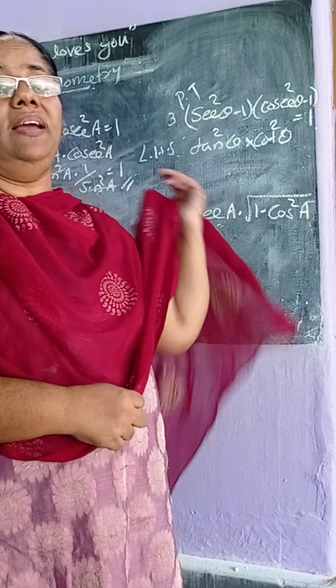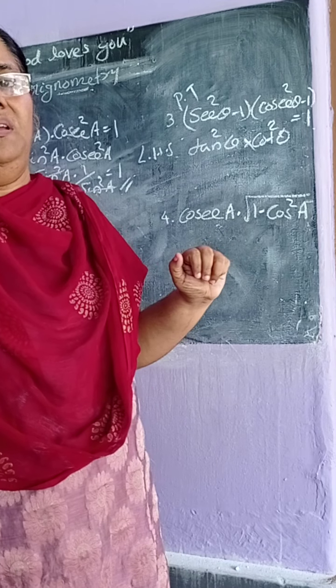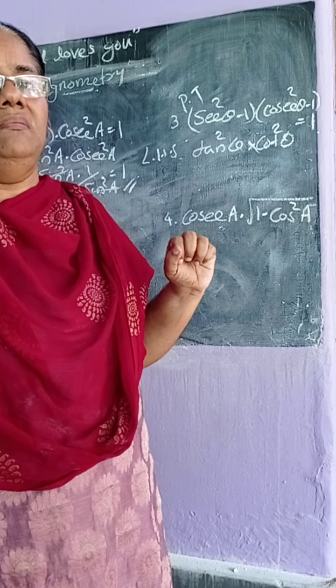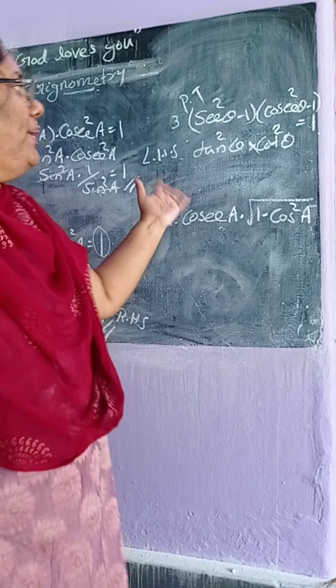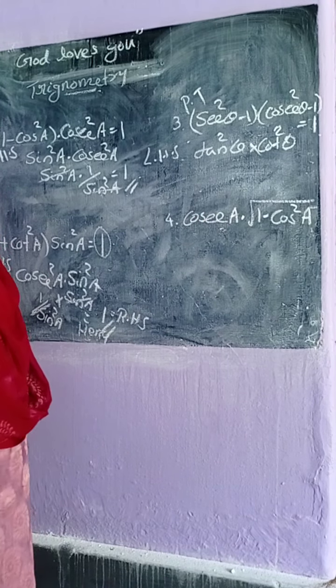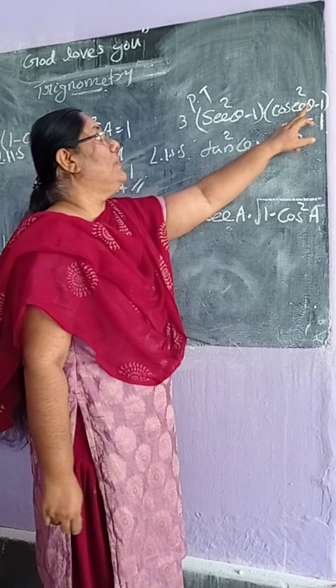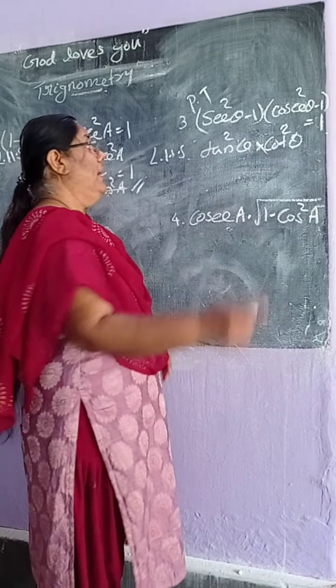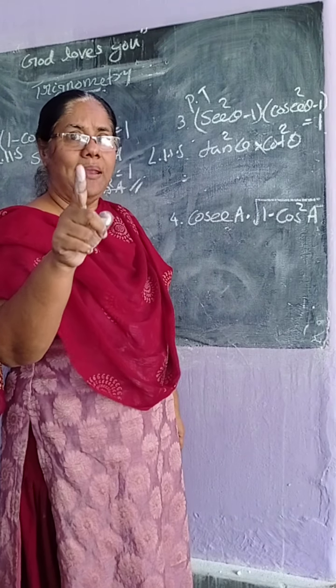Understand? Study all those identities, otherwise it is difficult to prove these questions. Study the first part. Understand? Study the identities. Then only you can apply the formula. Otherwise it is very difficult. Right? Sec square theta minus 1 is tan square theta and cosec square theta minus 1 is cot square theta. Again, what is tan square theta? Tan means sin by cos.